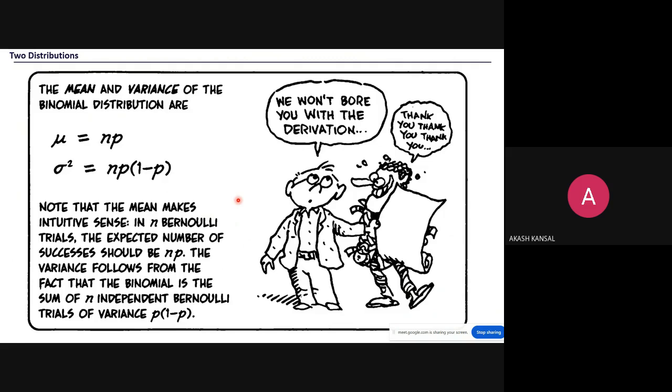Similarly, the variance follows from the fact that the binomial is the sum of n independent Bernoulli trials of variance p into 1 minus p. So you can also calculate them intuitively, but if you remember them for a binomial distribution, that would be easier for you.